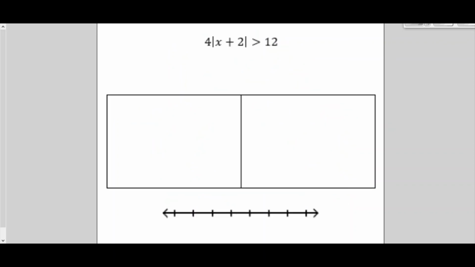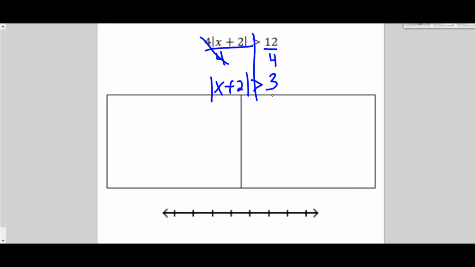Here's another example: 4 times the absolute value of x plus 2 is bigger than 12. Again, notice that there's a 4 outside of the absolute value, so you need to remove that first. If you draw your line, divide both sides by 4. These 4s cancel, so I get the absolute value of x plus 2 is bigger than 3.